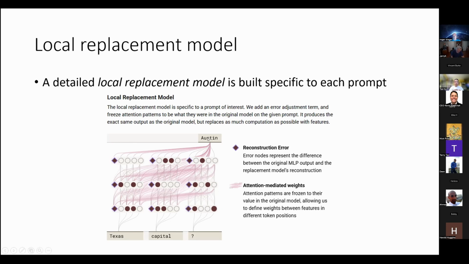So you can actually say that if Austin was predicted with a probability, let's say 0.95, you can actually see how much every single one of these other nodes contributed towards it having such a high logit and having a probability of 0.95. You can see how much the word capital increased the value for this thing in layer 2 or that thing over there, and you can basically find the relationships between everything.